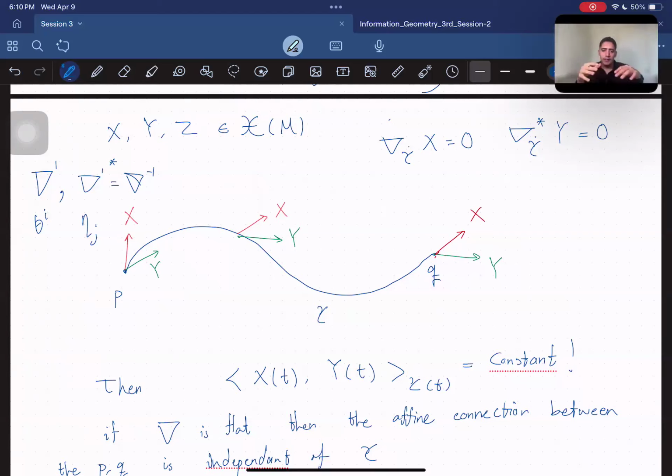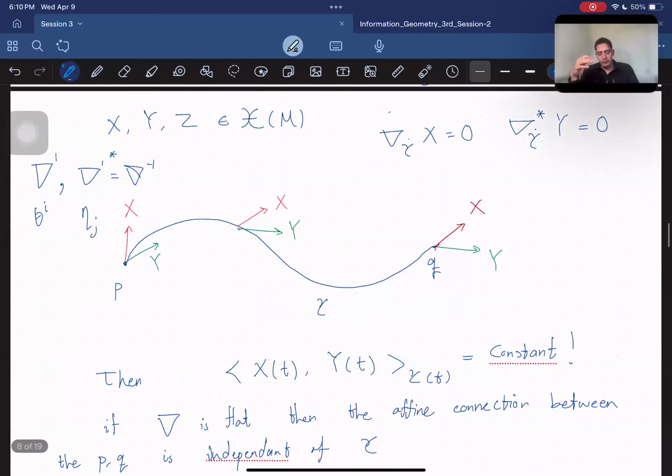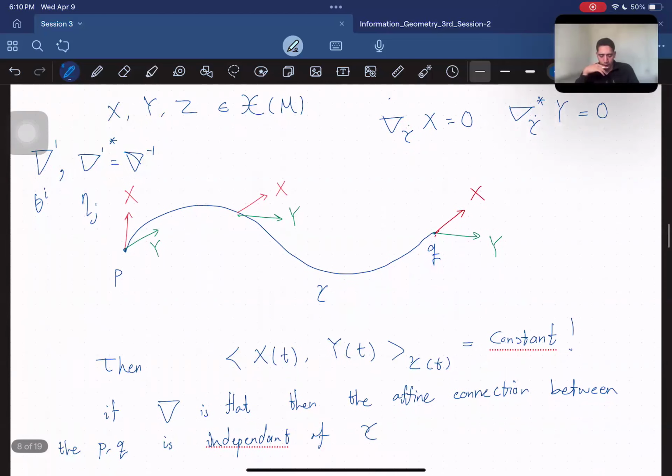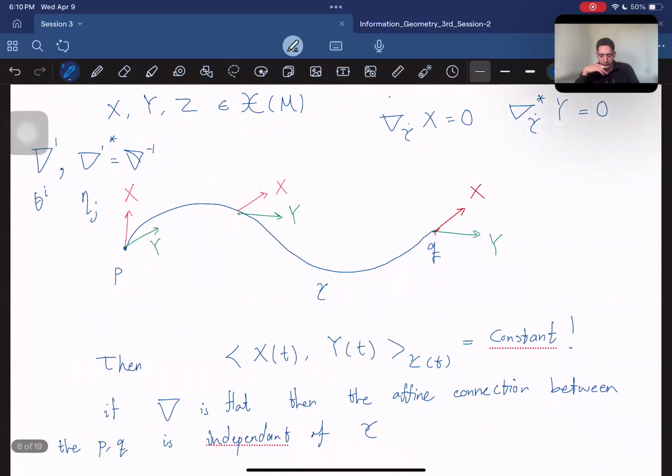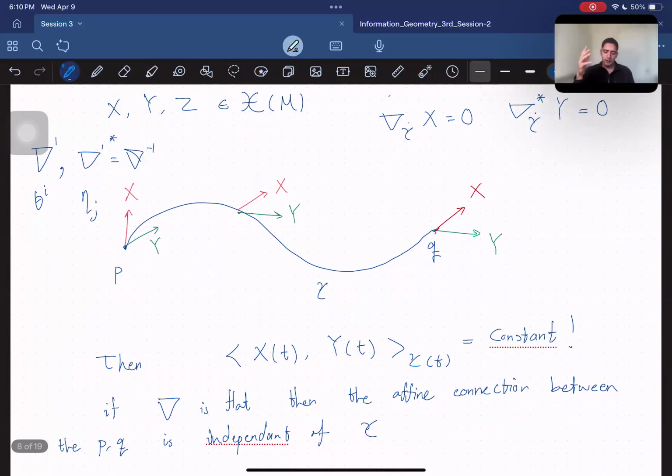We will see the applications of this structure, but before going further, I just wanted to mention again that with duality, what we mean is that if I go along some curve gamma from point P to Q, and take a look at the inner product, which is the relationship between the Riemannian metric and the connections, that thing would be constant as I move along the curve.